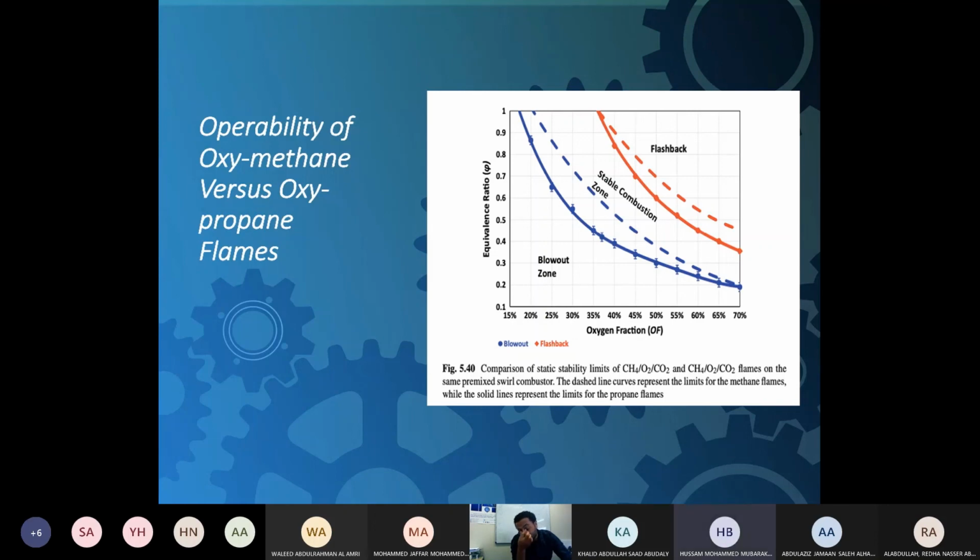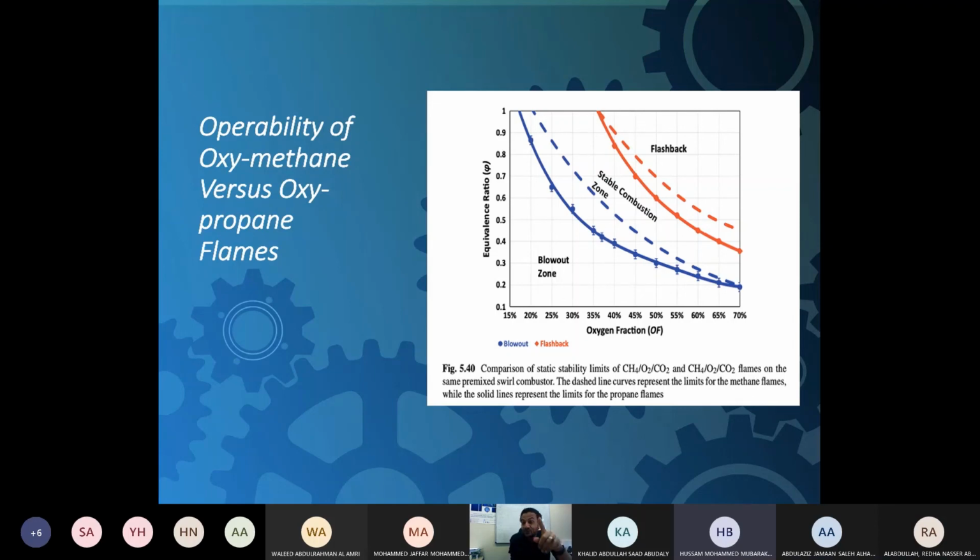It's observed that both the flashback and the blowout limit of the methane flame are reached at high equivalence ratio as compared to the propane flame for the same oxygen fraction. Since the adiabatic temperature of methane is higher than that of propane, this difference in the adiabatic temperature shifts the stability limit of methane to higher equivalence ratio as compared to propane.